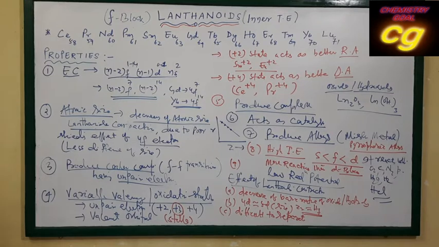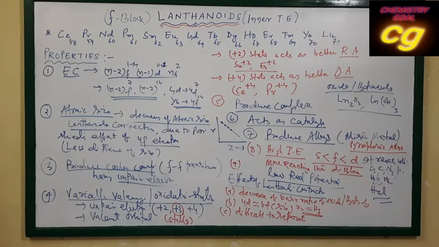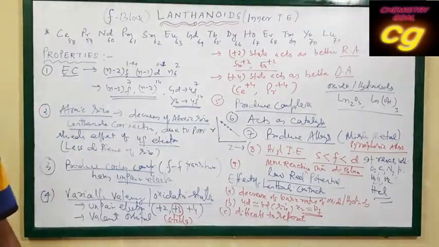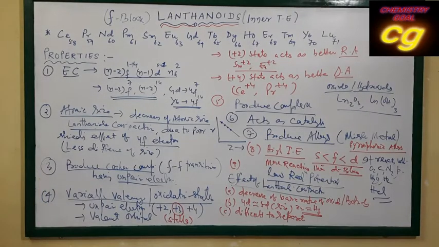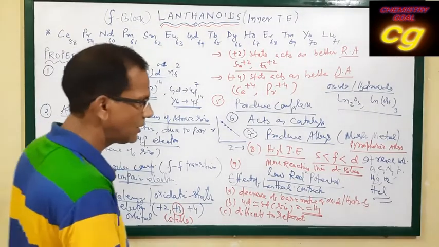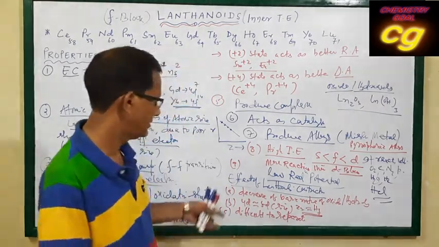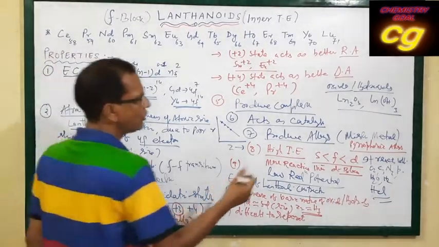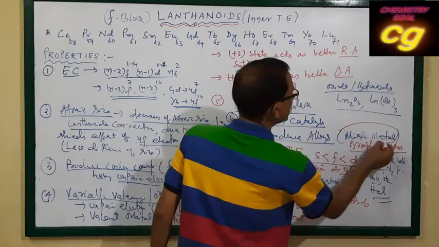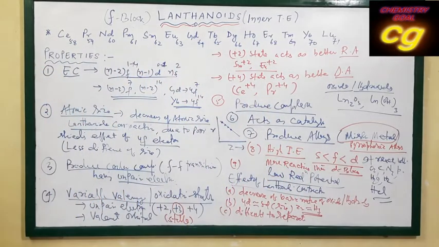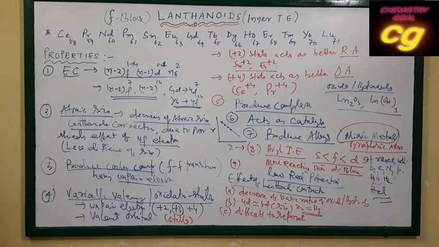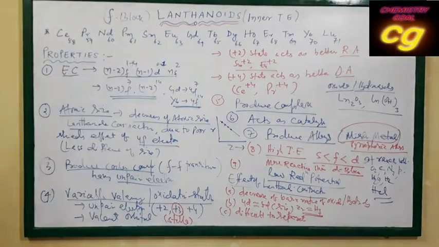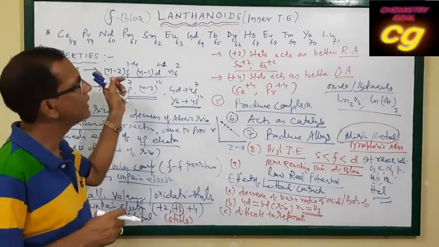Alloys of lanthanides are called mixed metal, used for preparing bullet shells and lighter flints. It is a mixed metal, a pyrophoric alloy, so it is used in bullet shells and also lighter flints. So these are very important properties of lanthanoids.